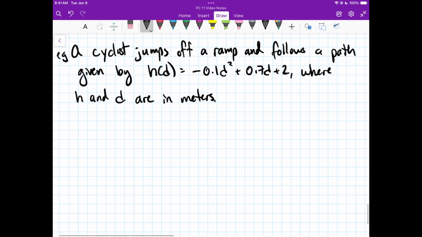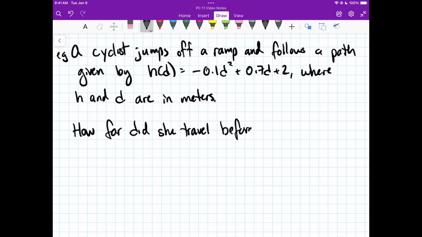And so what I might ask you, right, because that's all just set up, the actual question might be something like, how far did she travel before she landed? This is a really common sort of thing to see in a word problem. You got to interpret the words a little bit here. So at the end of the question, we're told she landed.